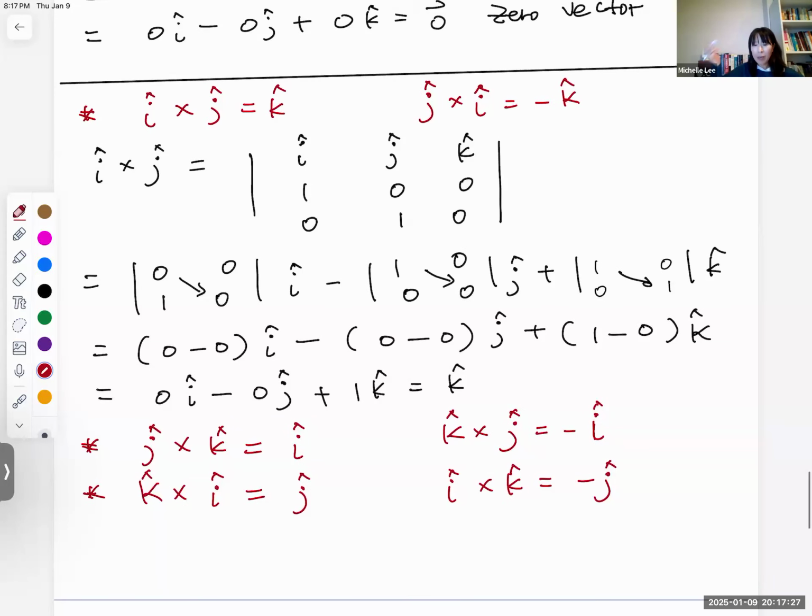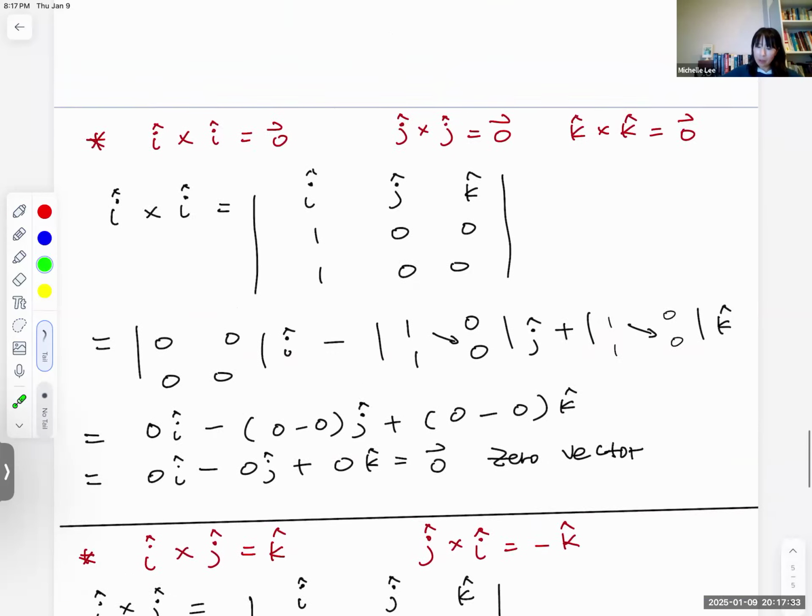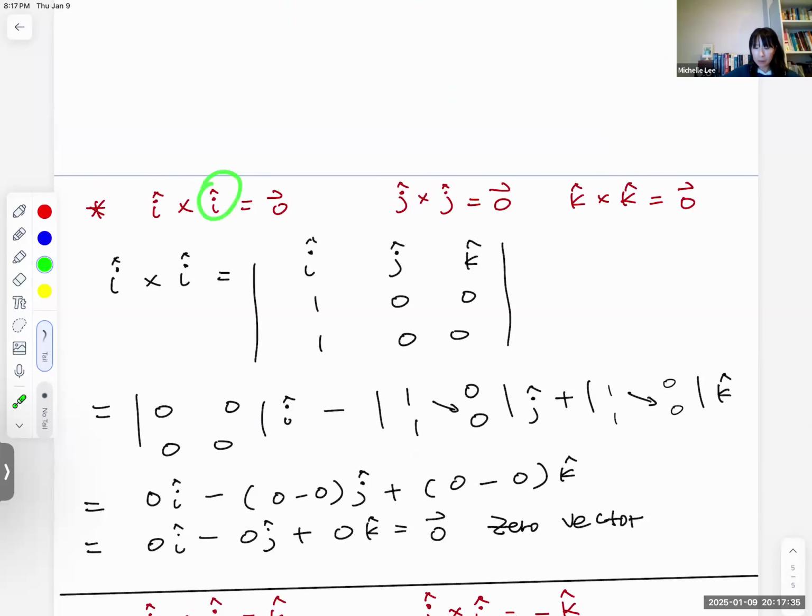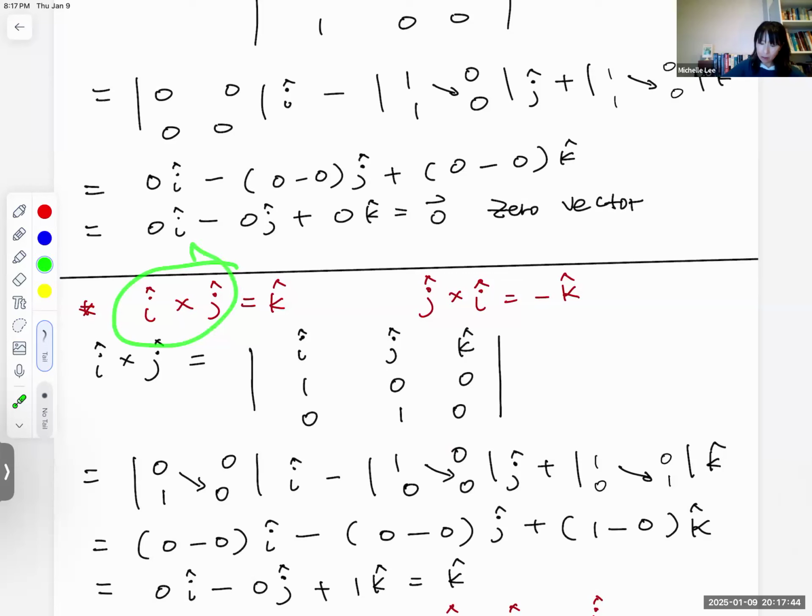Okay, we can see the pattern there, right? What kind of pattern? If we have a cross product with itself, we get the zero vector, right? If we have cross product IJ, then we get the other one, K, and if we change the order, then we get the negative with the same result, right?